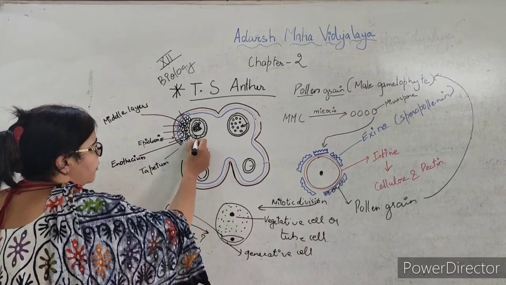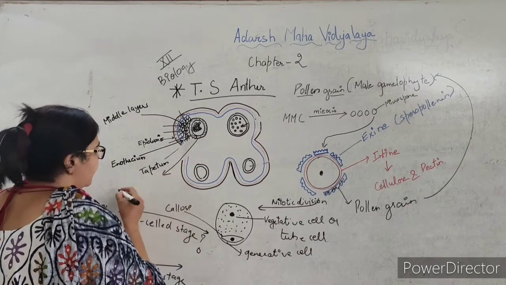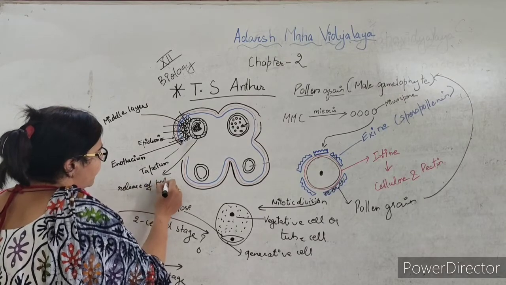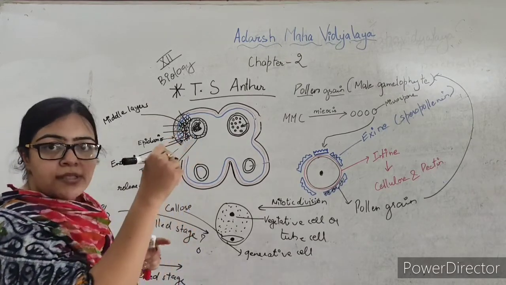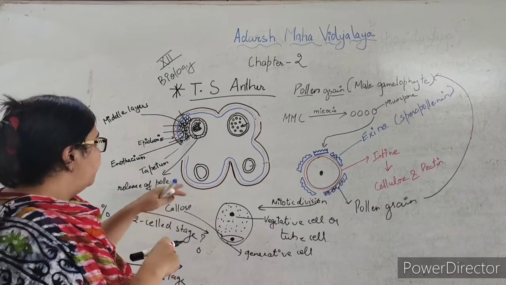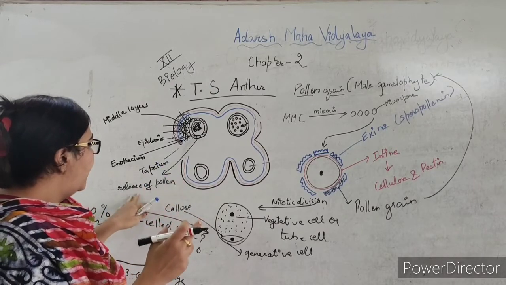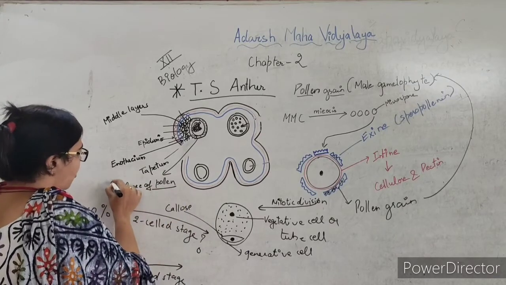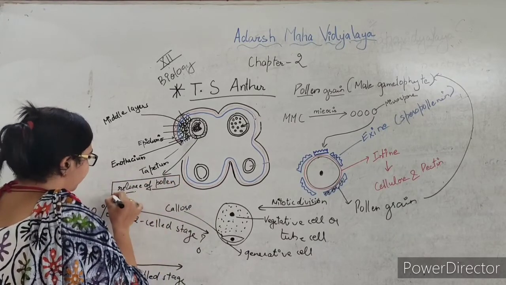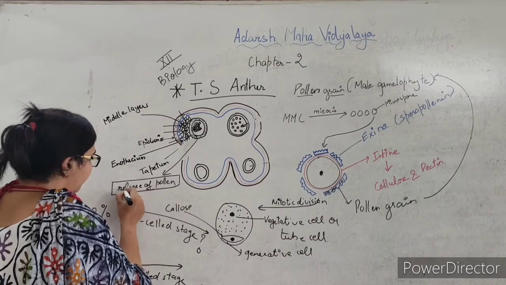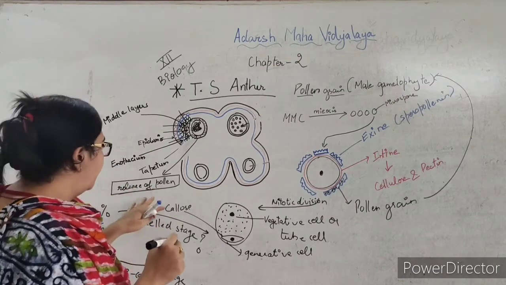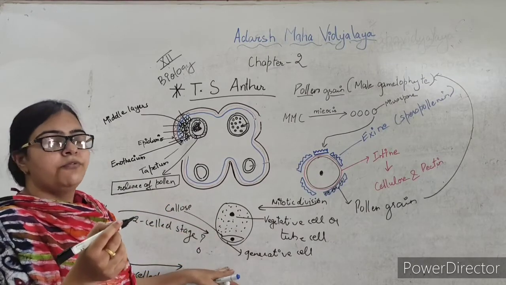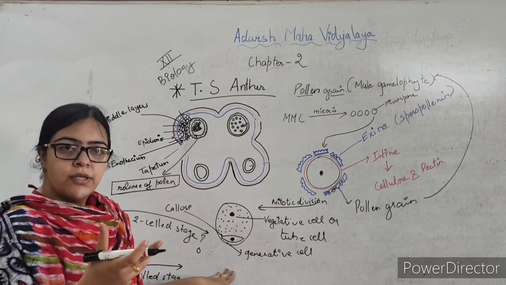Due to dehydration, these cells will become fibrous and be destroyed, and there will be release of the pollen. This is called dehiscence of the anther, and the pollen grain will be released, and now this pollen grain will reach the stigma with the help of the process called pollination.